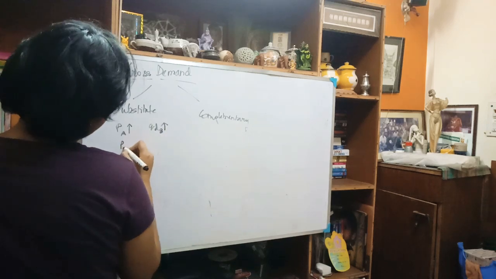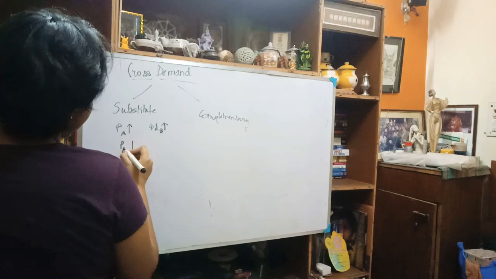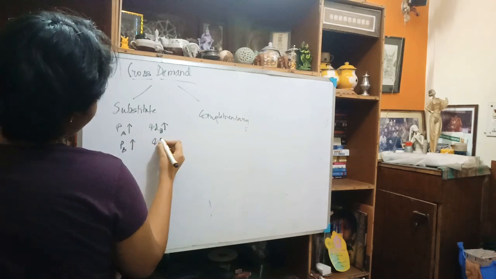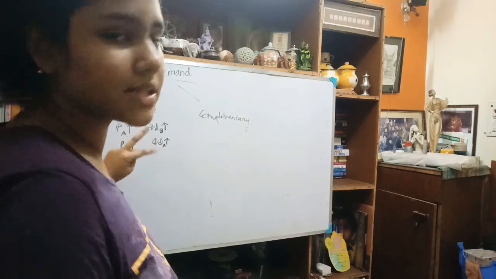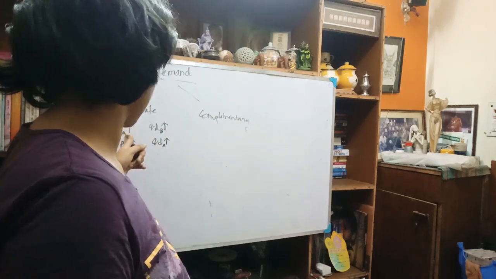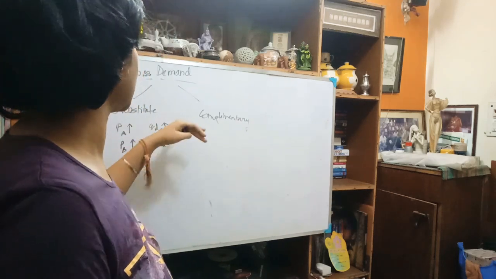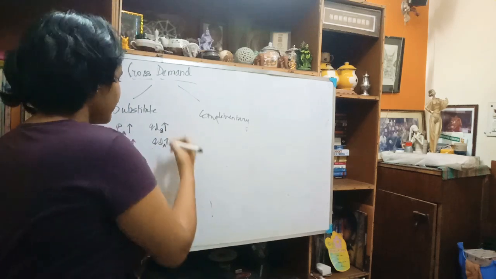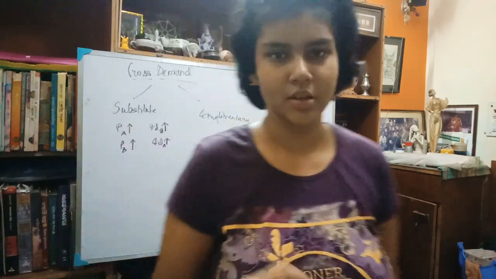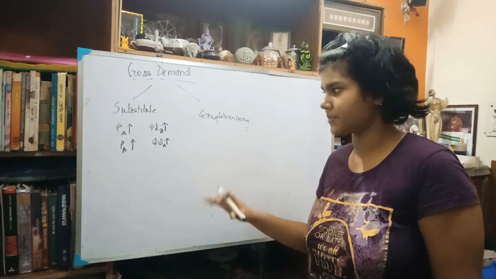When price of A decreases, quantity demanded for B decreases. You get that? They are inversely related. Price of A increases, quantity demanded for A decreases. Price of B increases, quantity demanded for B decreases. They are inversely related.